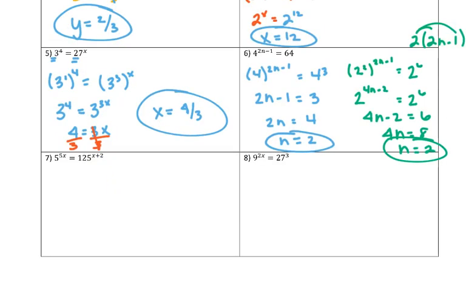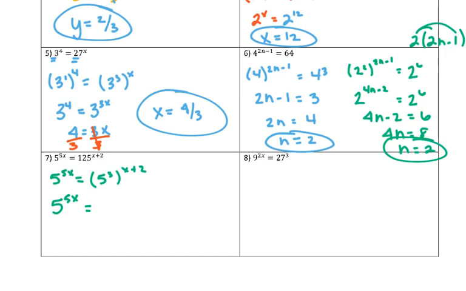All right, so we'll keep going. This next one, you're looking for a common base between 5 and 125. If you look at your powers chart, that common base should be 5. And 5 cubed is 125. So this one's 5 to the power of 5x. And on the right side, again, you're going to have to multiply 3 by x plus 2.